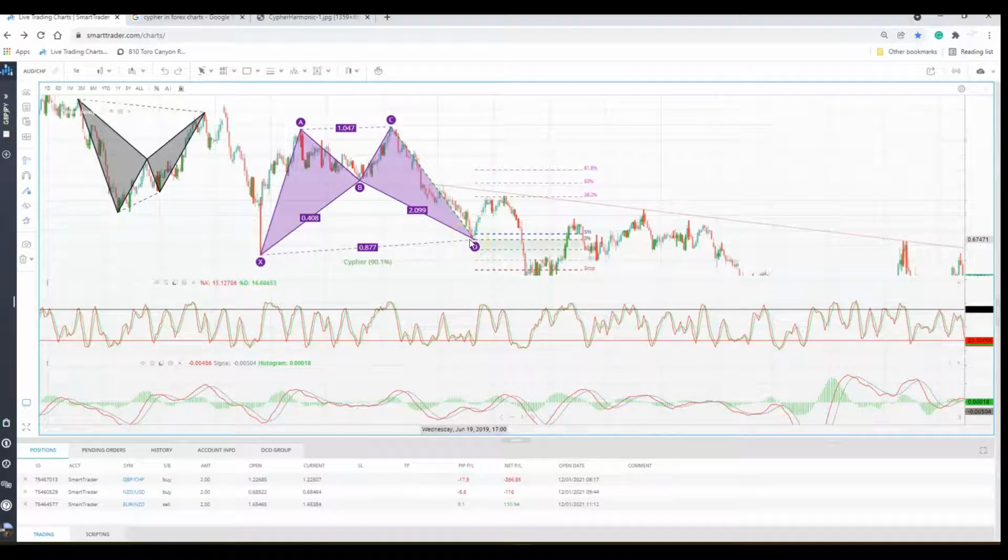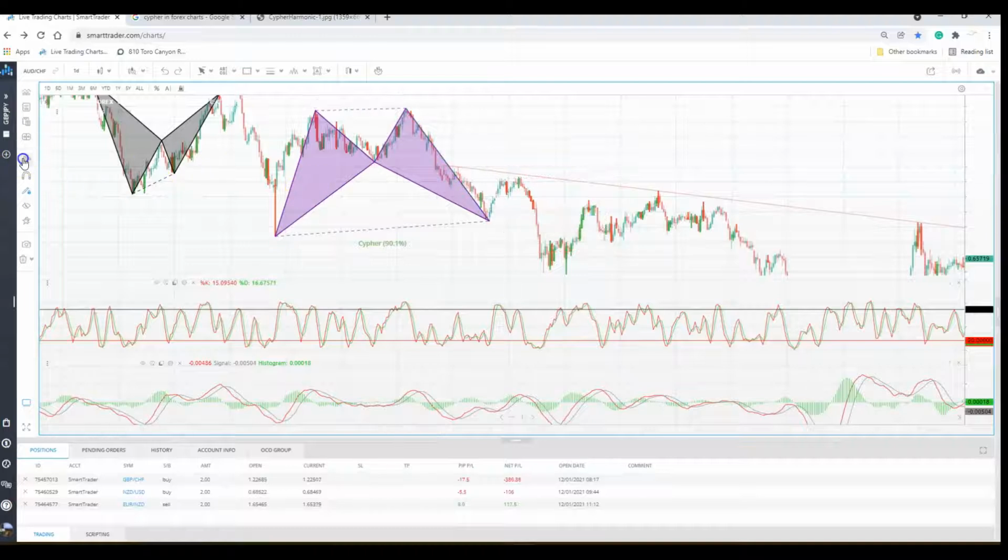And that's the entry. And then we're looking for targets at these extensions, or rather fib levels. And this one went all the way up to the 38% retracement level. That generated about 200 pips.